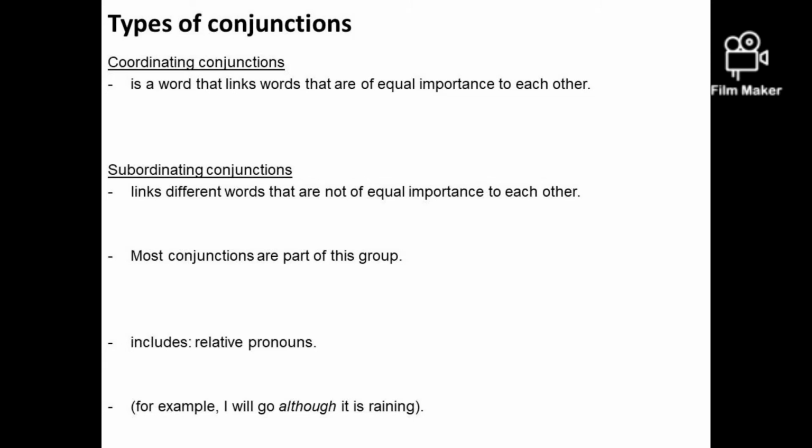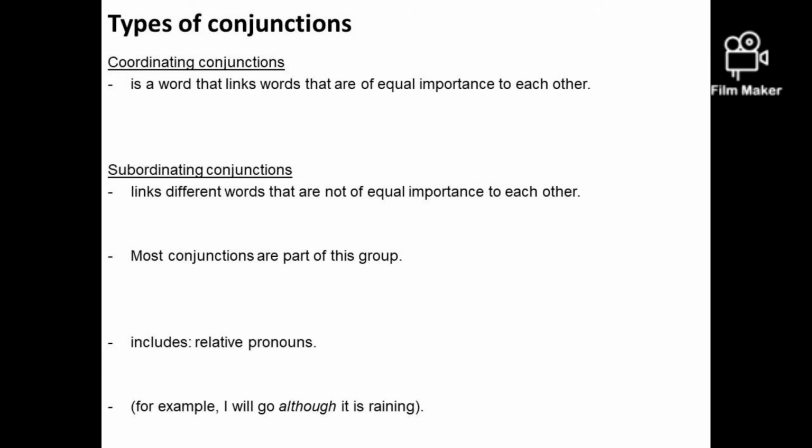The second kind of conjunction that we're dealing with is a subordinating conjunction. Subordinating conjunctions are definitely not difficult for us to learn today. Simply, these are conjunctions that link different words, phrases, and sentences that are not of equal importance.